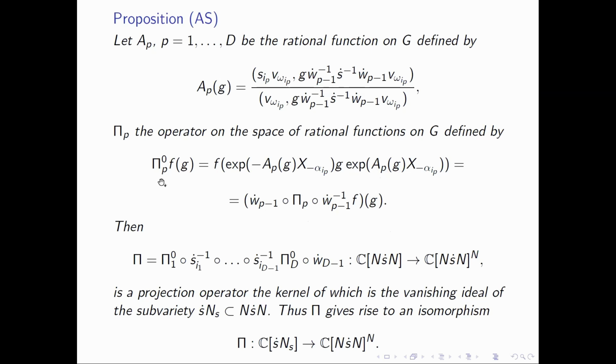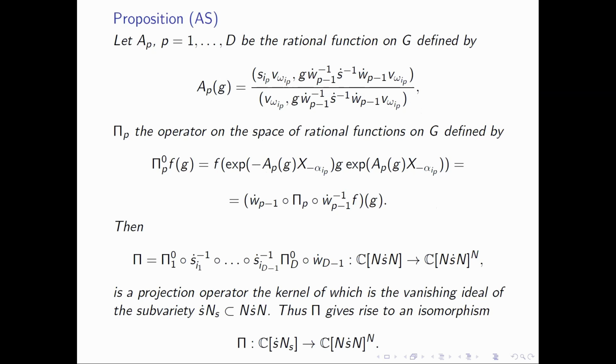So each such operator is induced by conjugation by some element of one parameter subgroup corresponding to the root alpha i p. And the coefficients in this one parameter subgroup are given by these a priori irrational functions. But the point is that, in fact, if you compose all these operators together like this, then these denominators will cancel. So it's not a very big miracle, actually.